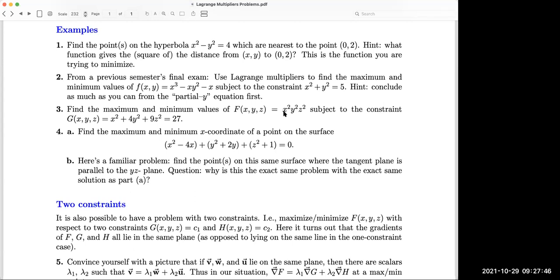And the constraint here is x squared plus 4y squared plus 9z squared equals 27. That's actually an ellipsoid shape, like an egg shape. And so you're trying to find the points on that egg shape where this function x squared, y squared, z squared is maximized.